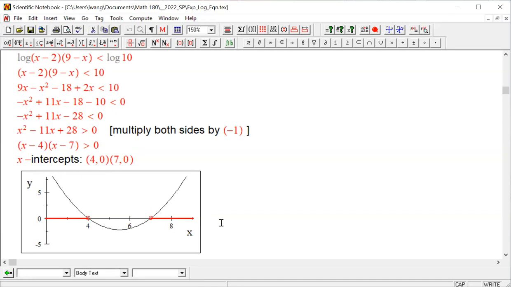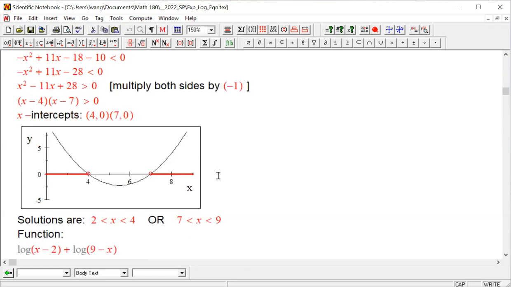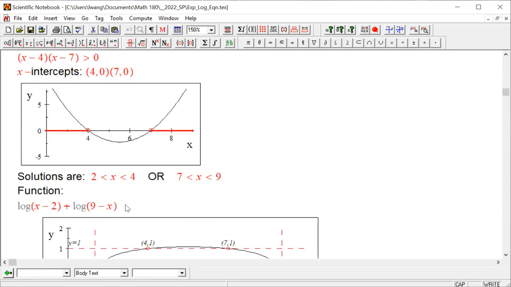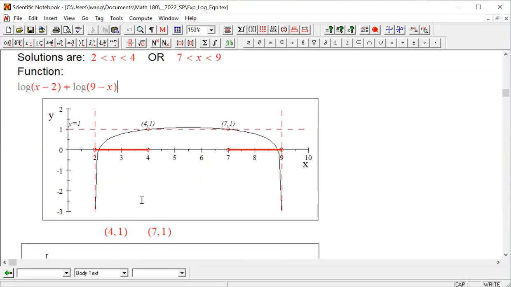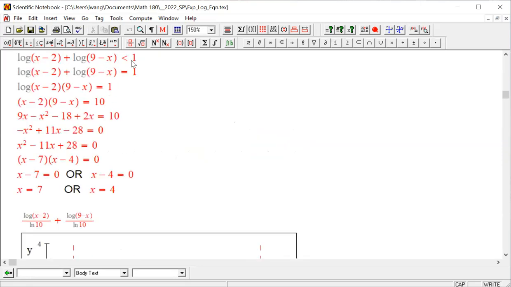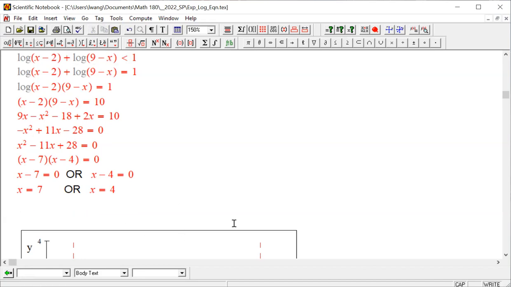This solution in the graph is a solution to the quadratic inequality. But if we look at the solution to this function less than 1, right? So that solution really needs to be modified.